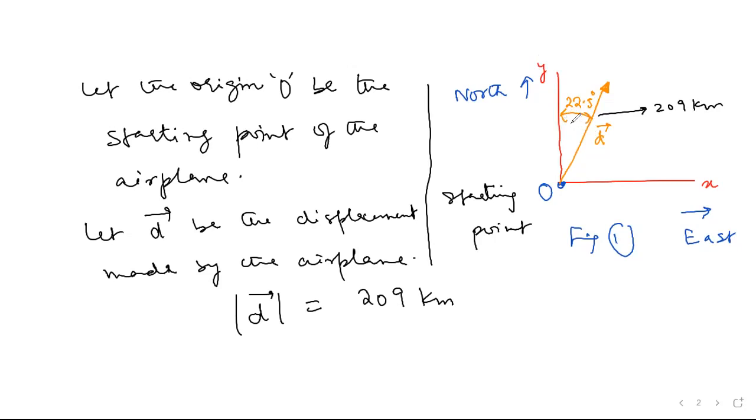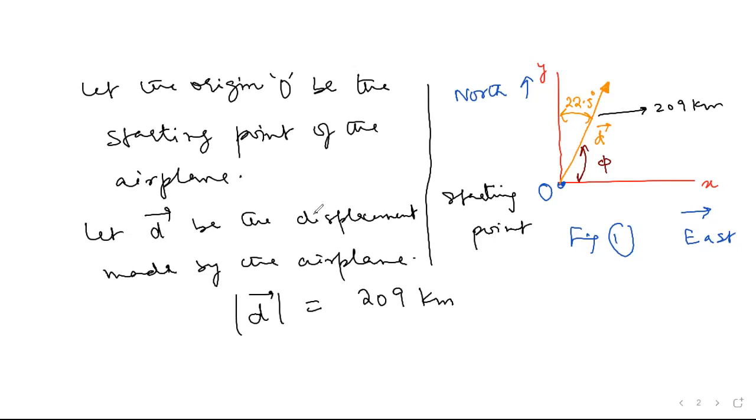That is the meaning of 22.5 degrees east of due north. That means from north it is towards east by an angle of 22.5 degrees. So let this angle be phi.